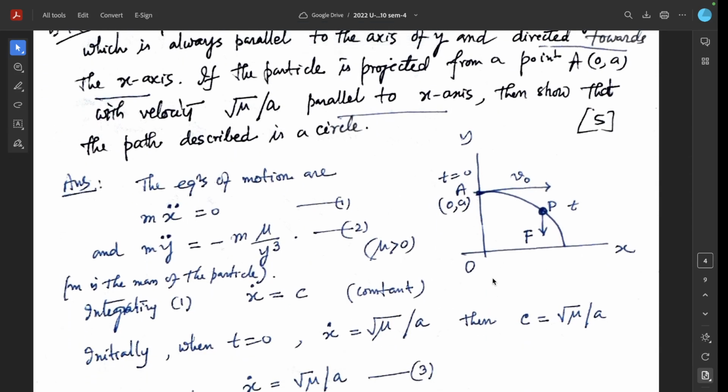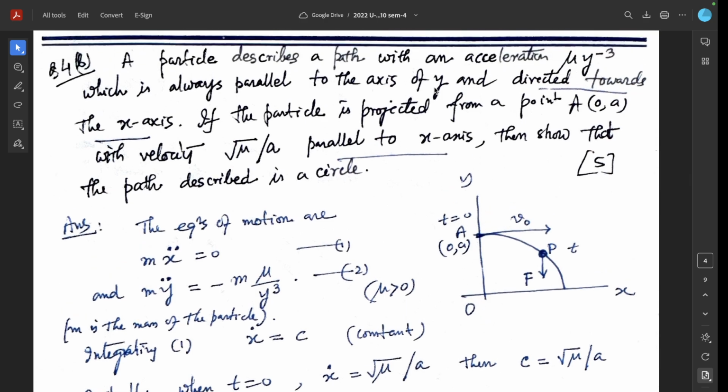This is the figure diagram. This is the x-axis, this is the origin O, the y-axis, this is the particle, and this is the acceleration mu y to the power minus 3, always parallel to the axis of y and directed towards the x-axis. So this force F is mu y to the power minus 3, always parallel to the y-axis and directed to the x-axis.